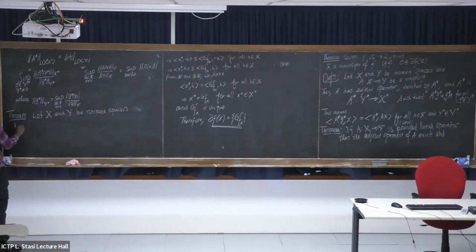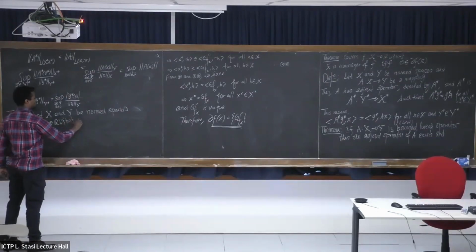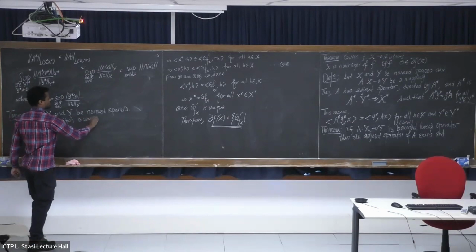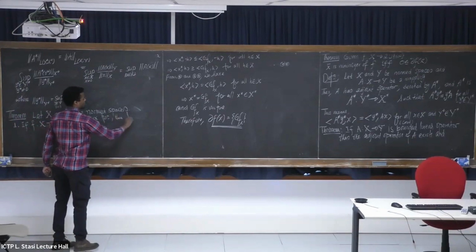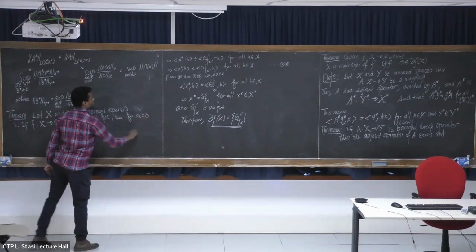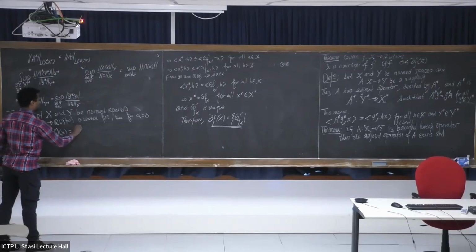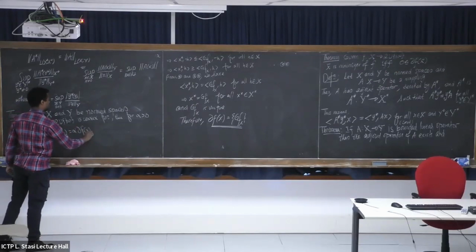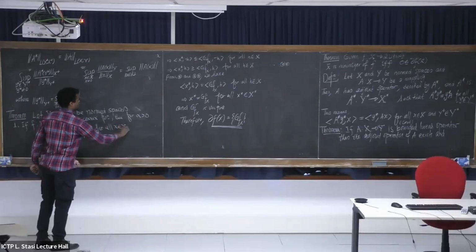One: if f from X is a convex function, then for alpha greater than 0, the subdifferential of alpha f at x equals alpha times the subdifferential of f at x. How about the sum?